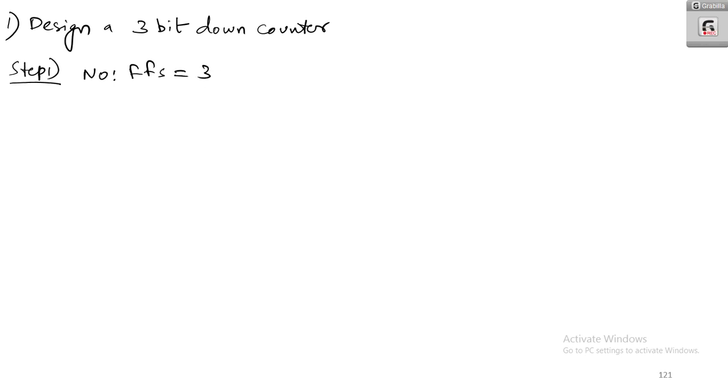Now 3-bit means it can count from 000 to 111, but that again in a down counting fashion. That means it should count from 111 to 000. Of course, initially the state of the counter will be 000 and next state will be 7.